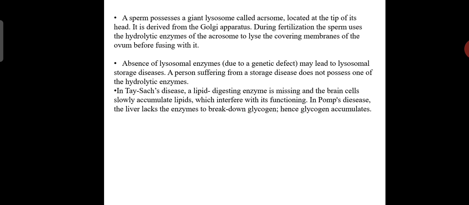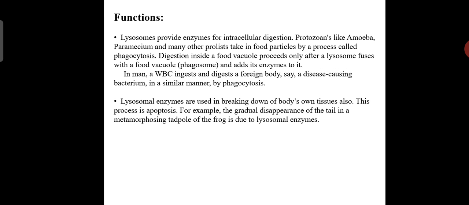In Tay-Sachs disease, a lipid digesting enzyme is missing and the brain cells slowly accumulate lipids which interfere with its functioning. In Pompe disease, another disease, the liver lacks the enzymes to break down glycogen. Hence, glycogen accumulates there. So, these are the main functions of lysosomes.